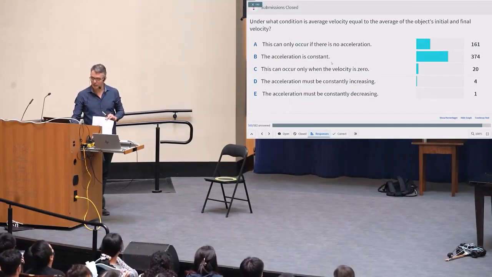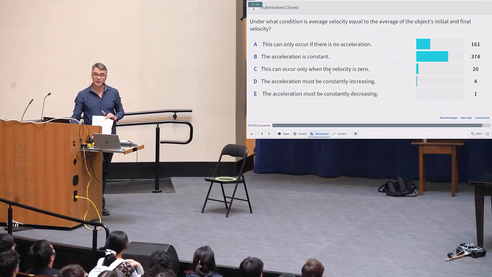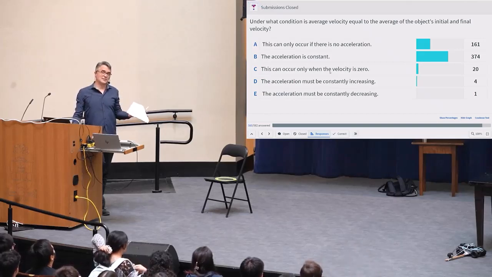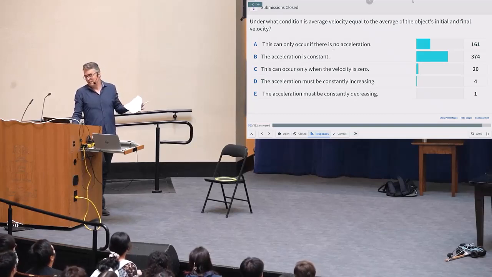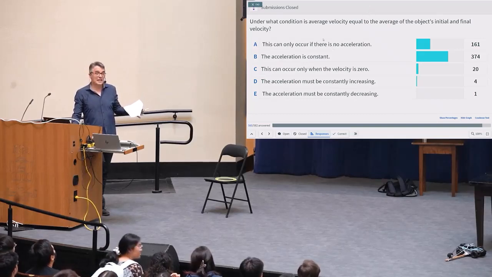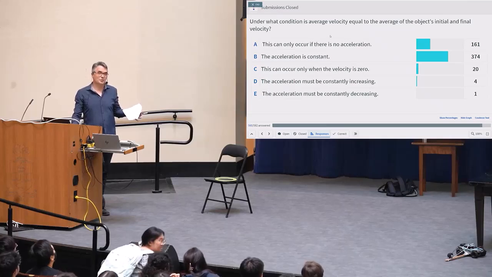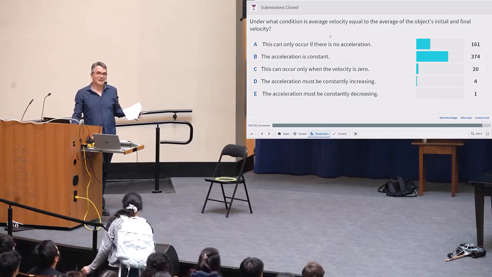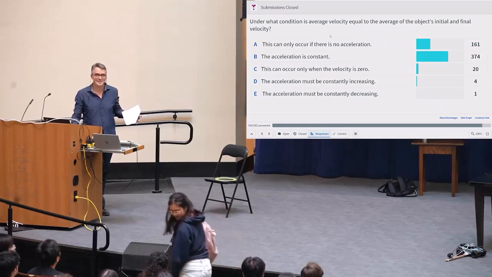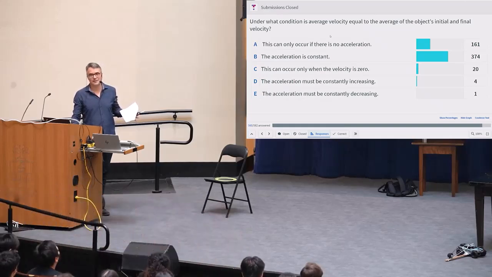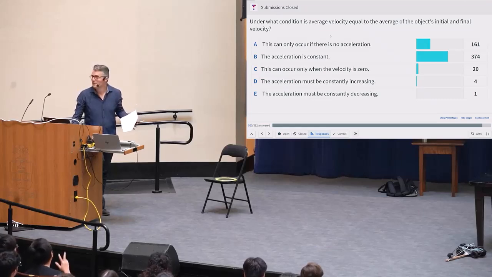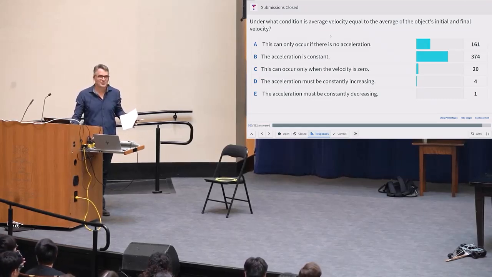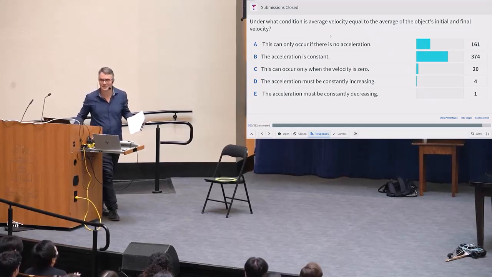If you answered A or if you answered C, your answer is, in a sense, correct. It is true that if there's no acceleration, then the object's initial and final velocity are the same, and if you add them up and divide by 2, you get the same thing. If it was 5 in the beginning and 5 at the end, 5 plus 5 is 10, divided by 2 equals 5. 3 plus 3 over 2 is 3.